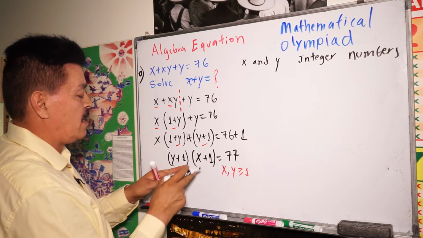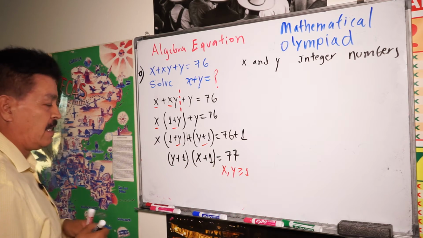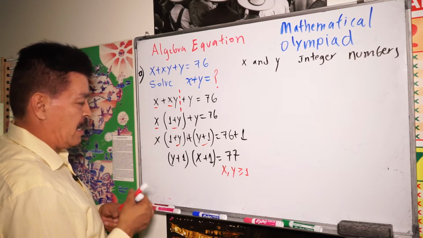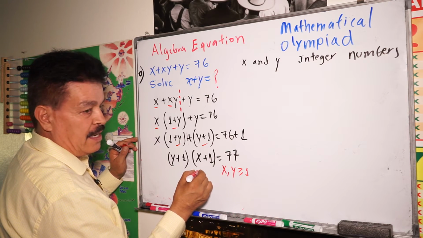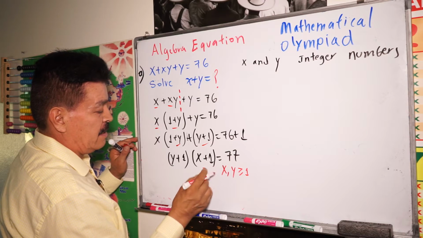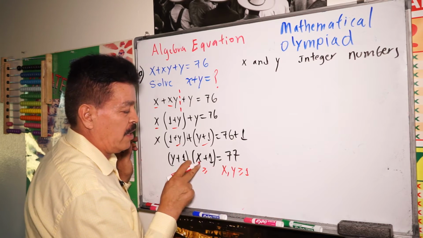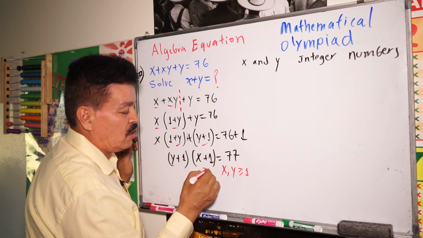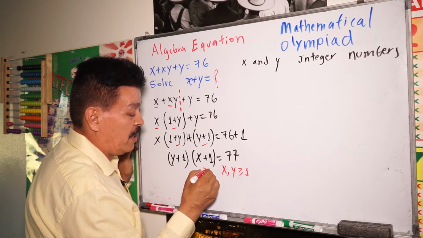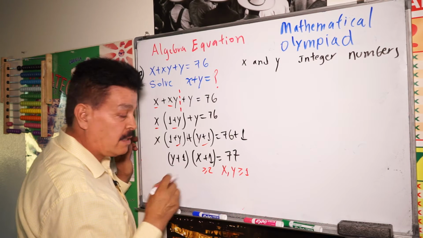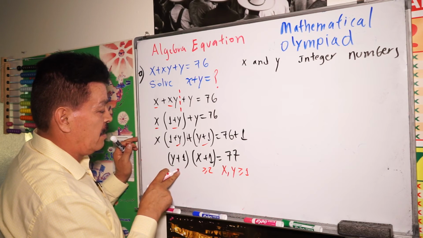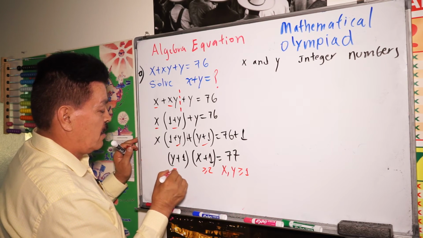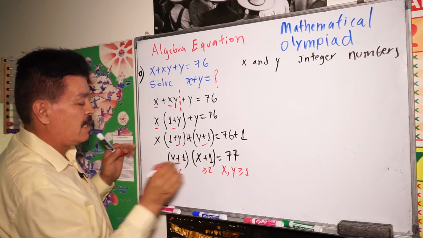Yeah, y plus 1 and x plus 1. Okay, I made a mistake right here. So then you have this number greater than 1. So x plus 1 should be greater than 2, right? Since x and y are greater than 1, here is also greater than 2, right?